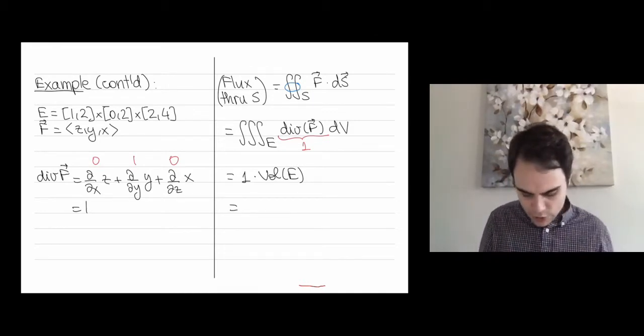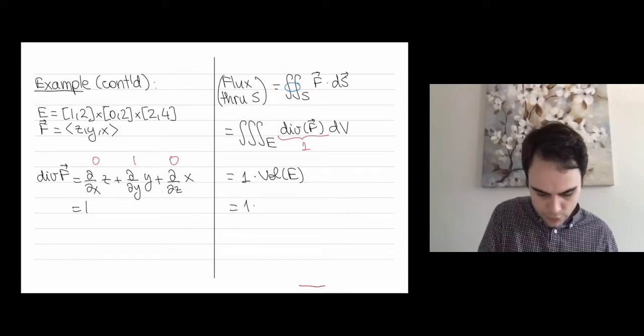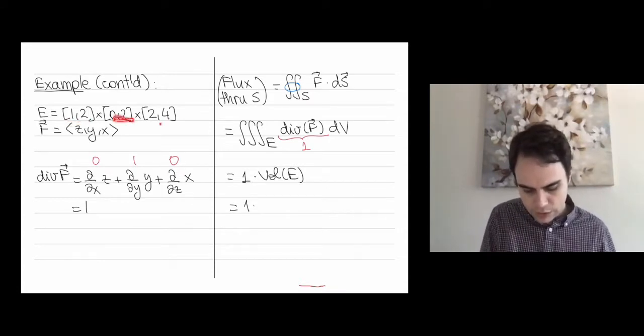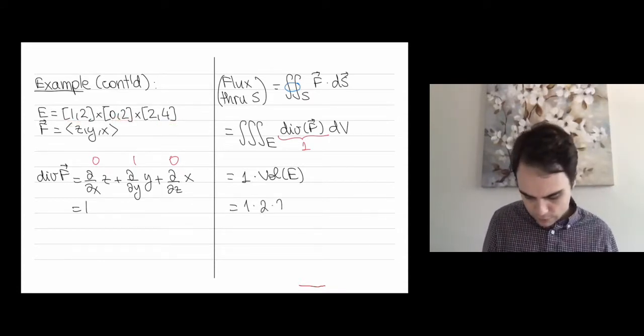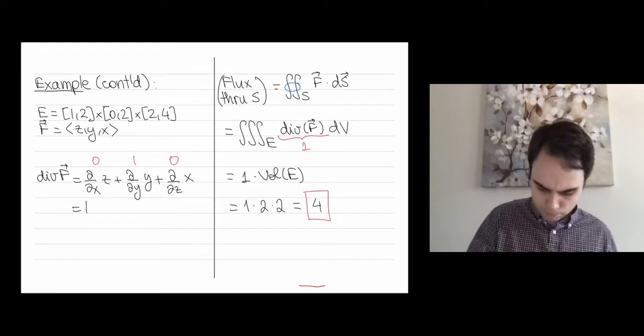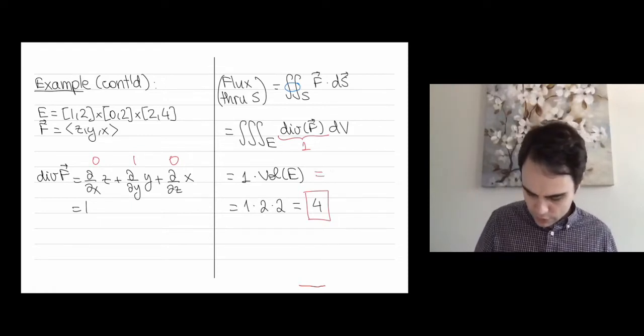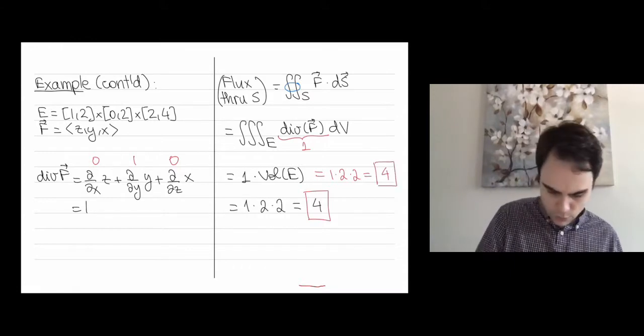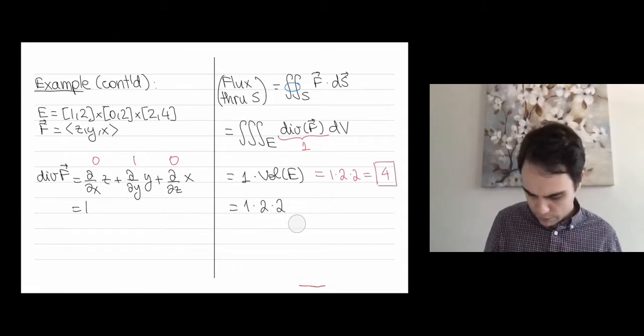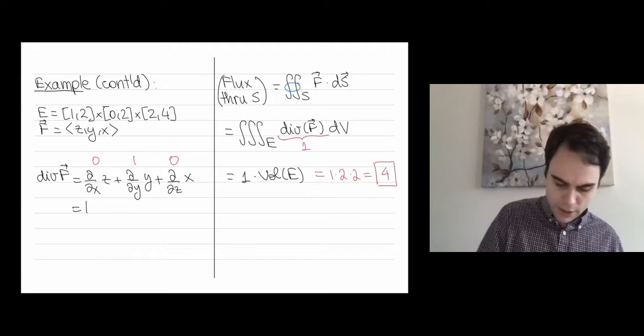In the x direction, the length is 1, in the y direction, it's 2, and in the z direction, it's 2 as well. So as a result, I get 4. That's the flux through all 6 sides. Let me do this here, because I would like to make a final remark in the same slide.